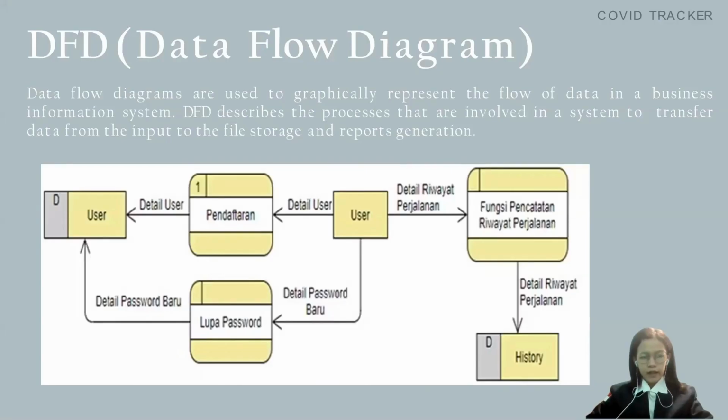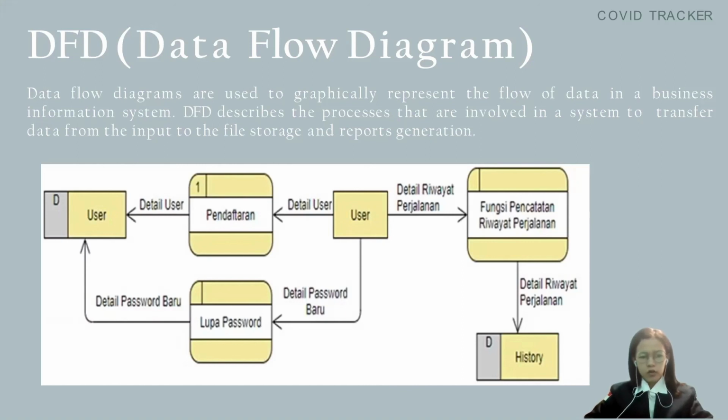Next is DFD, data flow diagram. Data flow diagrams are used to graphically represent the flow of data in a business information system. DFD describes the processes that are involved in a system to transfer data from the input to the file storage and report generation. In the following figure, we can see that when a user sends user detail data, the registration process will send the data to the user table database.